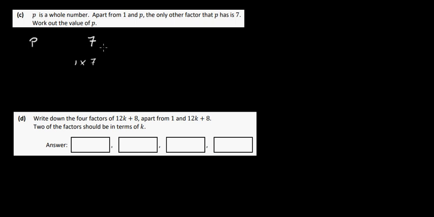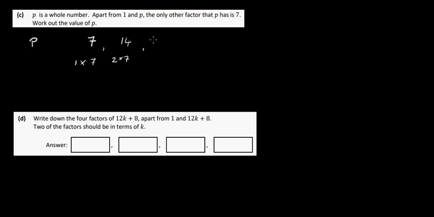So the only factors of 7 are 1 and 7, but we can't use 1 and 7, so we can't use 7. Let's take the next multiple of 7, which would be 14. That's 2 times 7. The problem with 14 is that it has not only a factor of 7, but it also has a factor of 2. So that's no good to us either.